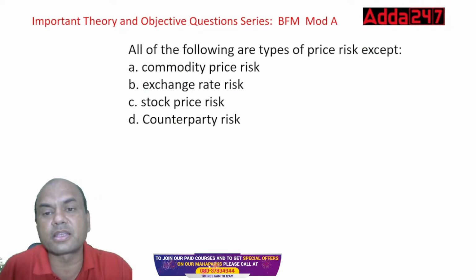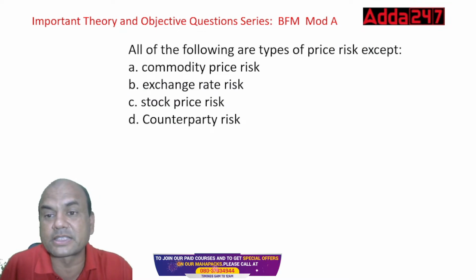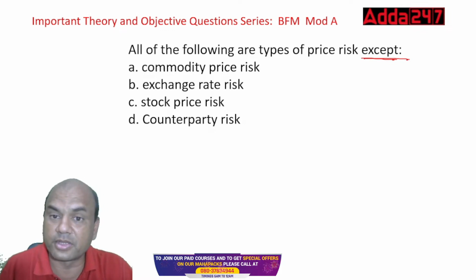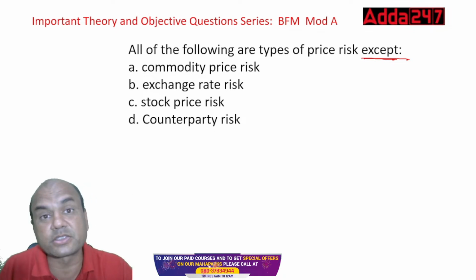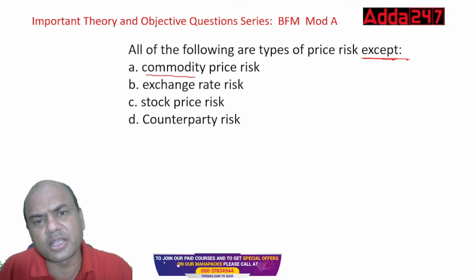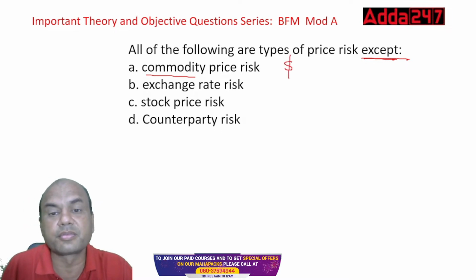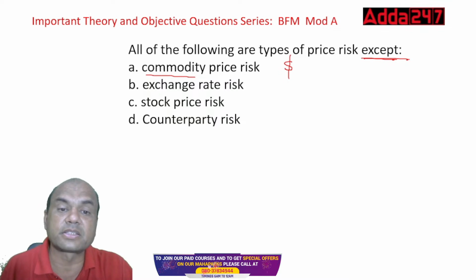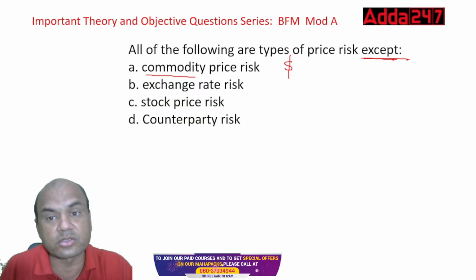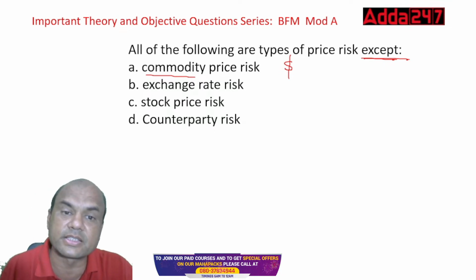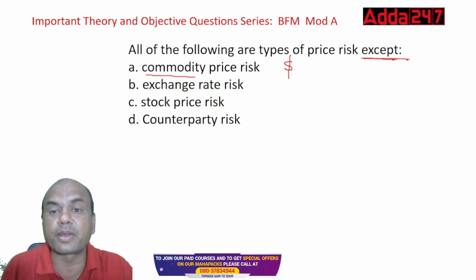All of the following are types of price risk, except, so which is not a type of price risk? Price risk means what? Commodity price risk, the price of any commodity. What is a commodity? A commodity is anything. Dollar is also a commodity, currency is also a commodity. Exchange rate risk is also price risk, because if the dollar rate or the exchange rate changes, definitely the price will change.